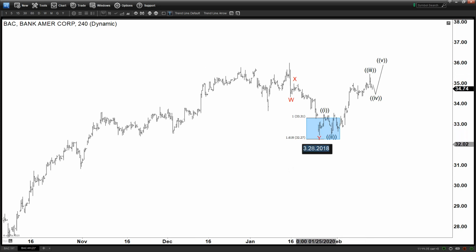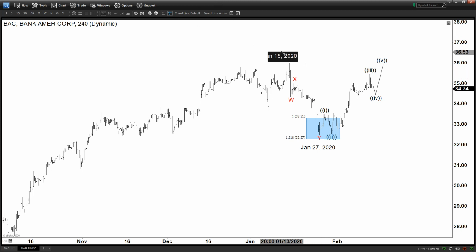So what do we see here if we take a look at it from the 4-hour? Since it tops out, or not tops out, I mean just a temporary setback, January 15 here in Bank of America.